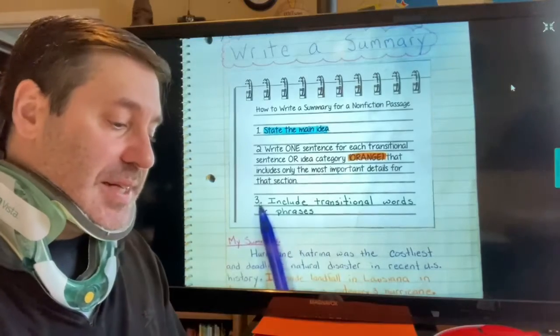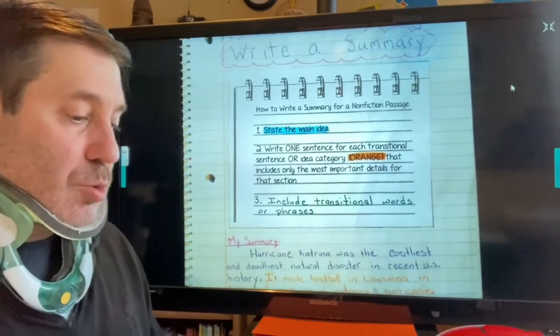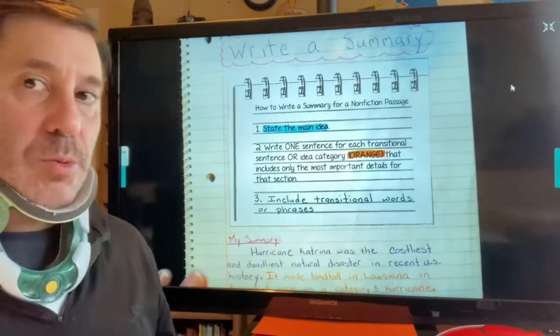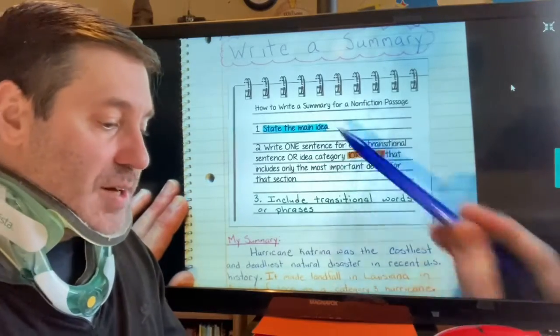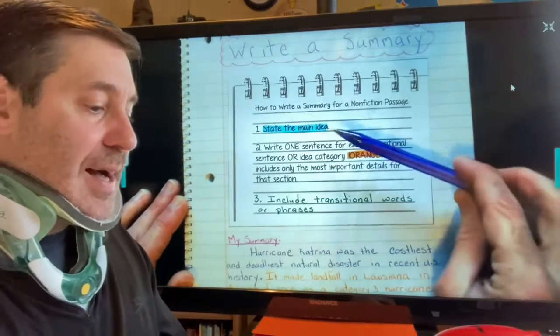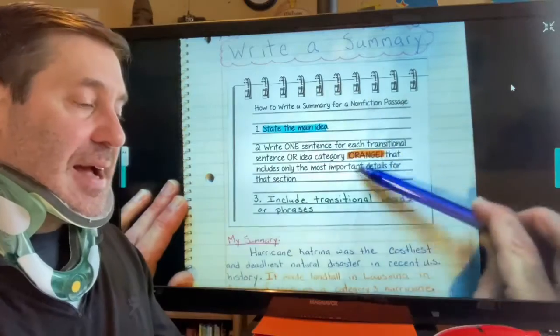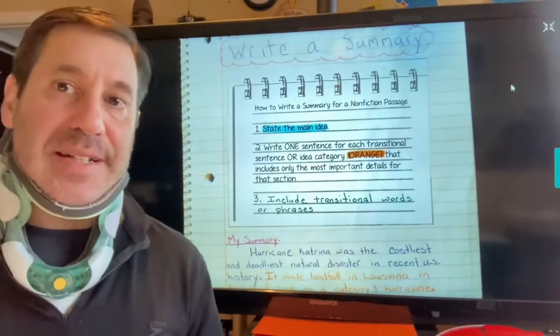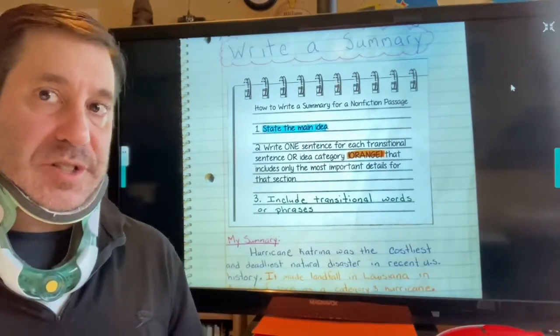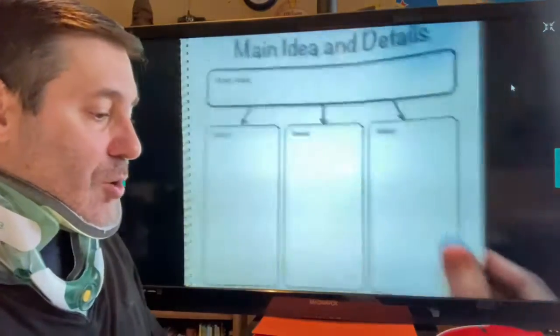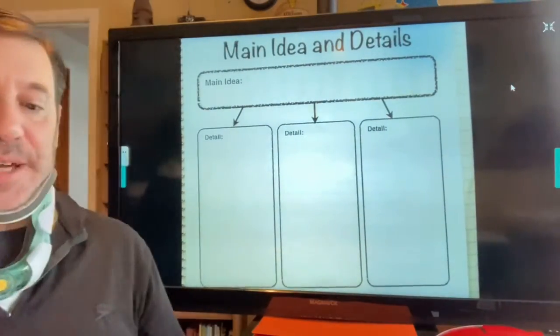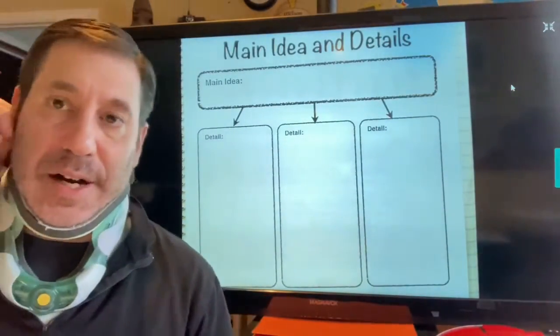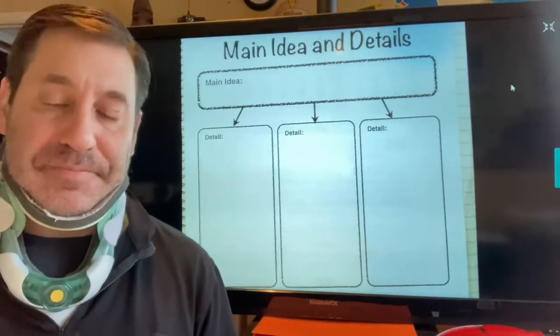And then the last thing we need to do is include transitional words and phrases. What we're going to focus on today is steps 1 and 2. We're going to work on the main idea and figuring out which details from this article we should use in a summary.